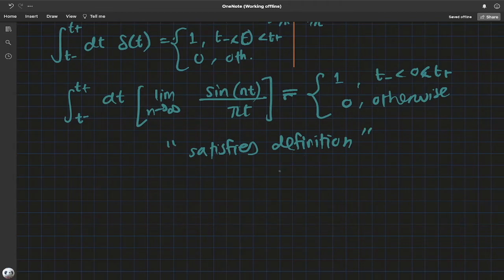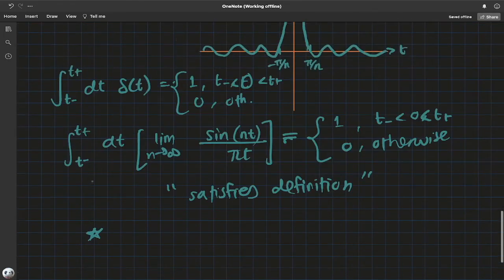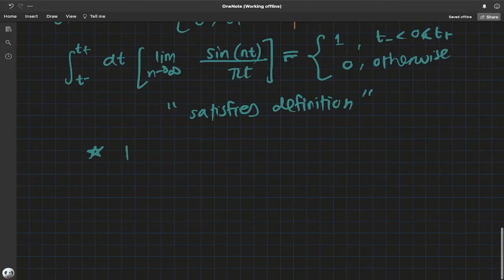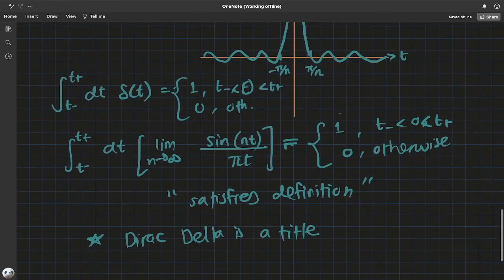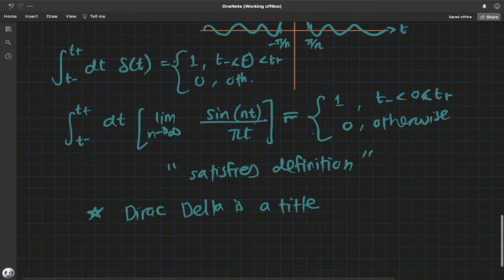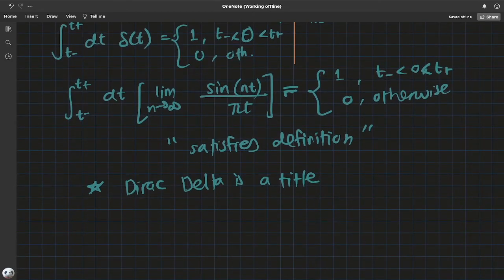So the takeaway from this, the last delta sequence, is that the Dirac delta is a title. So if anything, a general function, a non-elementary function, or something like that satisfies the definition of the Dirac delta function, then it is a Dirac delta function.